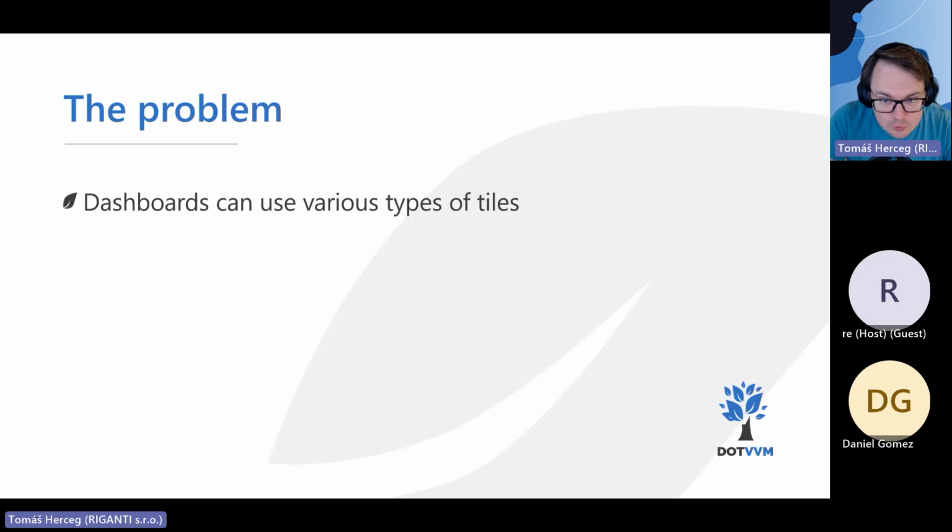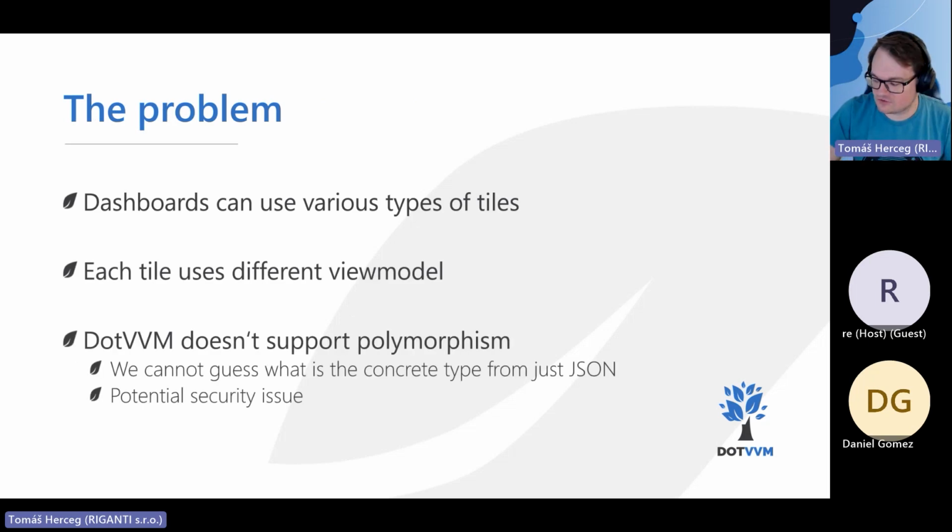The biggest issue in DotVVM why building these experiences is not easy is that every tile can have a different view model, and DotVVM doesn't play well with polymorphism. If we would create something like a tile view model base, and then each tile would inherit from this base view model, it's nice, but once you make a list of these base view models in your view model, and the concrete type of the object is different than the declared type, then DotVVM has a problem, because it's just serializing the view model in JSON.